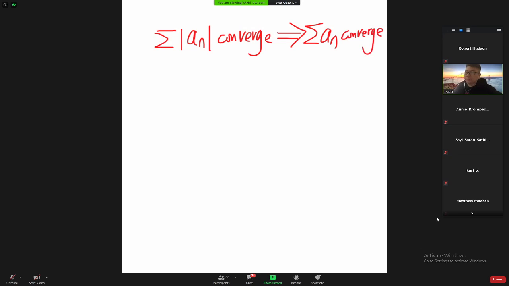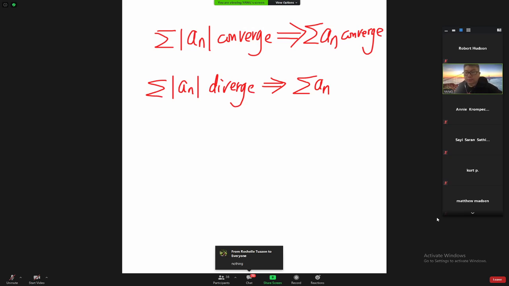That's the only thing we have. But if this one diverges, then what happens to this one? I know somebody wants to say it diverges, but what's the truth? We don't know, right? We don't know anything.